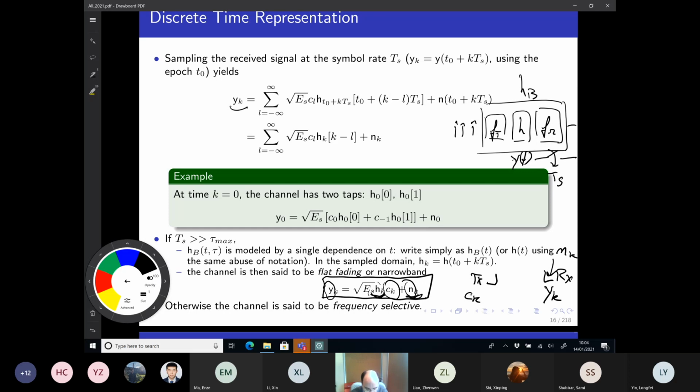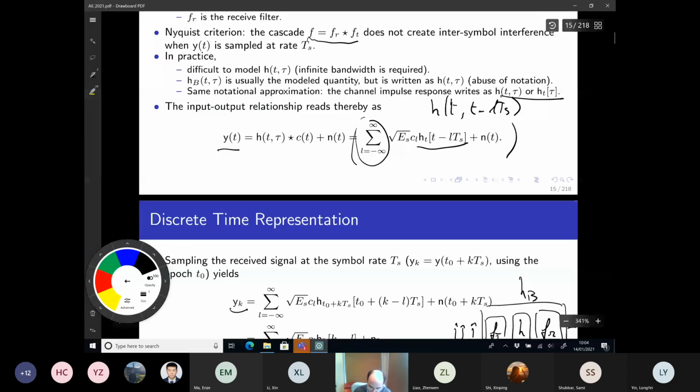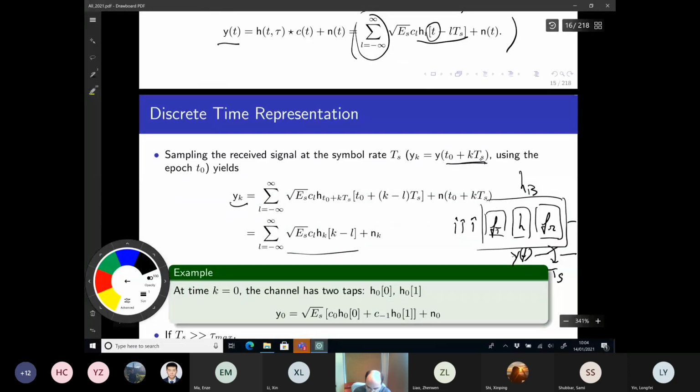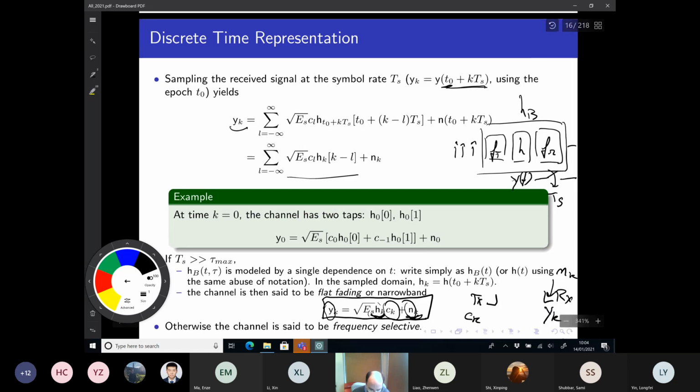Right, so let me give you an example. This is my sampled version of the expression I had early on, where t now is equal to this. So I sample at a multiple of the symbol duration. I can have a shift here, I can take t0 equal to 0. That's not really a major problem here. But what it means is the following.